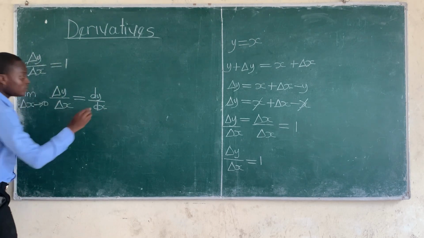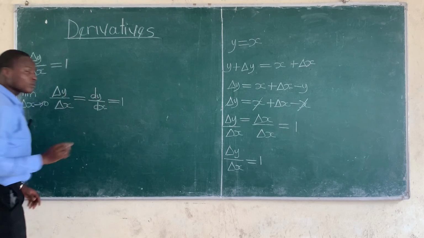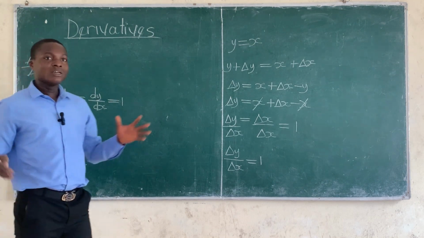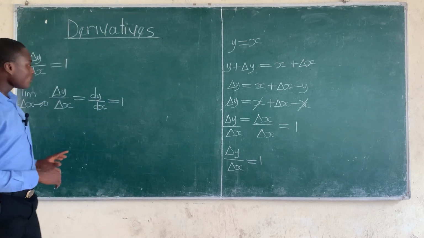And in this case, this is equal to 1. So that's what differentiation is: the algebraic method of finding the slope of the function.